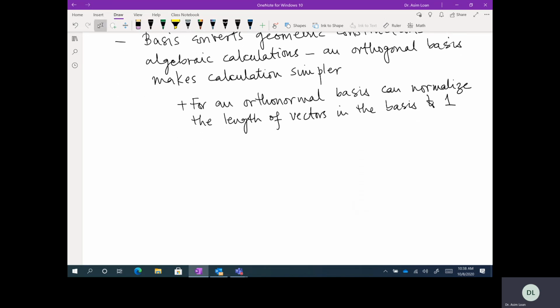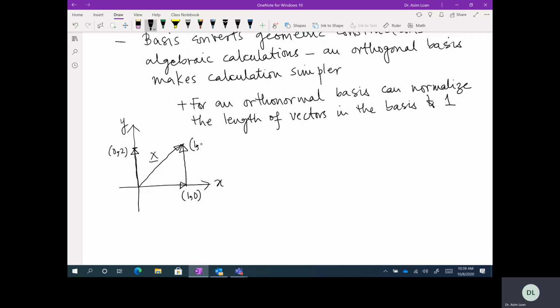So just an aside, if this is x and y, a two-dimensional picture, and you have this vector here, this is the vector x, and this point is (1, 0). This point is (0, 2).